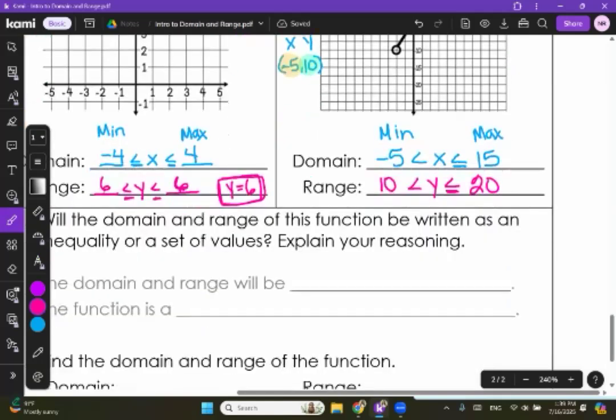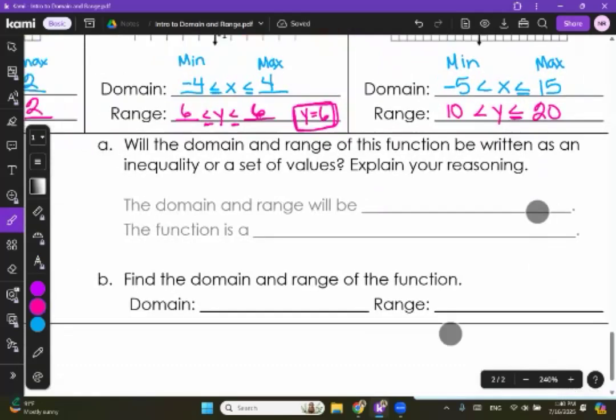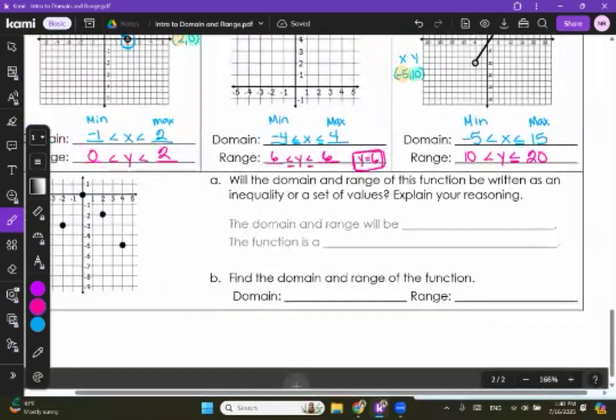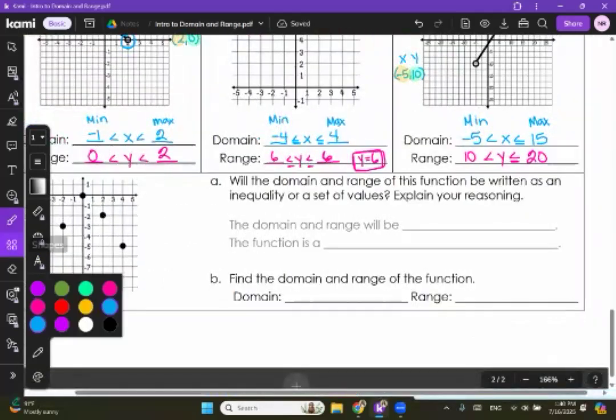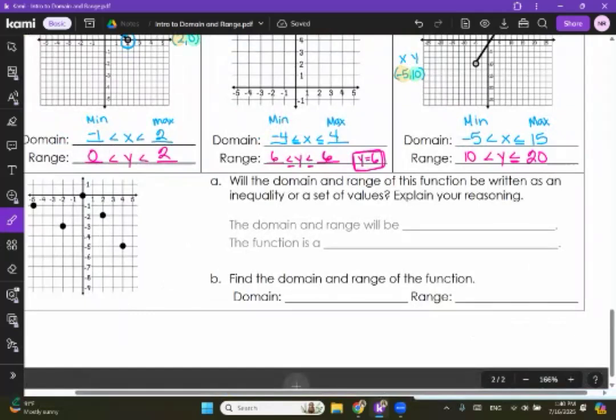Now, this is also a graph, but notice how the points are not connected. That would make this one a discrete function, okay? Remember, a discrete function is where you have a certain list. Will the domain and range of this function be written as an inequality? No. Domain and range will be a set of values.